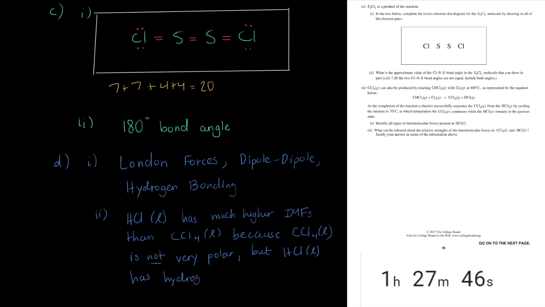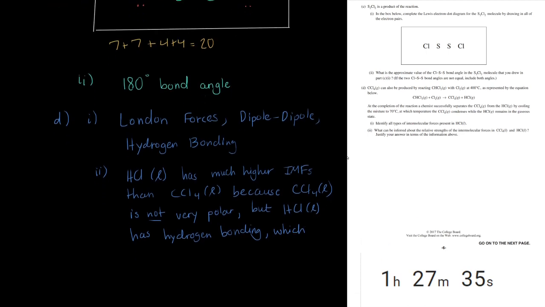So HCl has hydrogen bonding, which is the strongest covalent intermolecular force, because obviously ionic is still going to be stronger. So which is the strongest intermolecular force, yeah, in covalent compounds. Why not just add it to be extra correct? In covalent compounds.